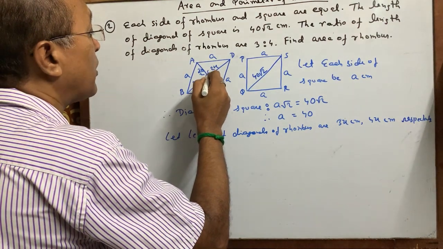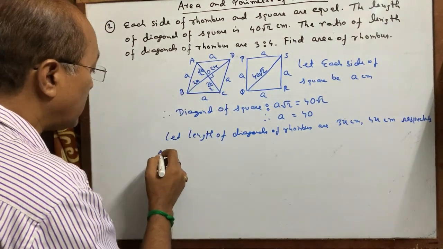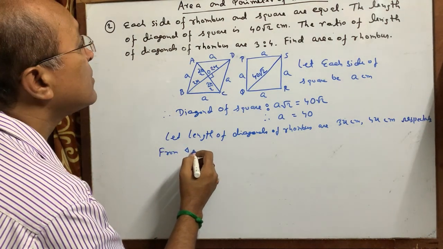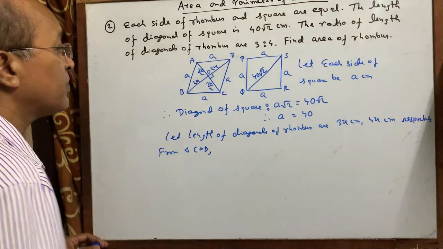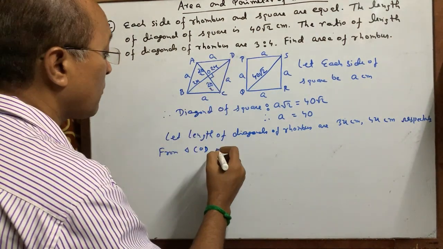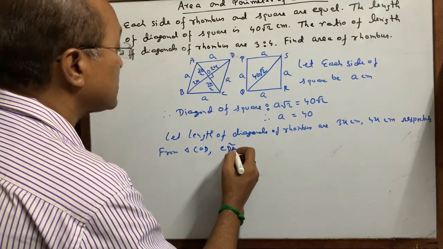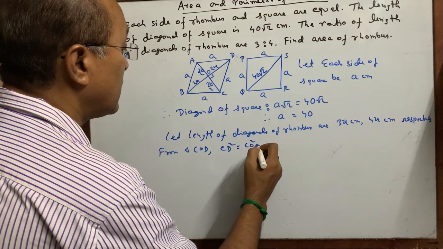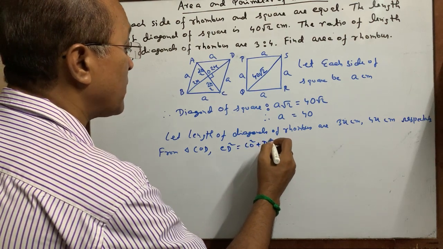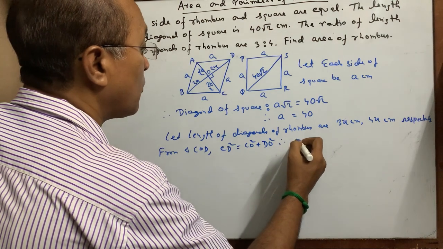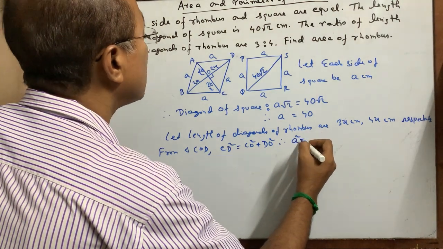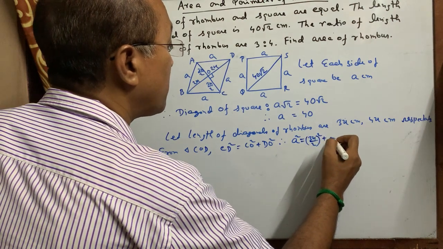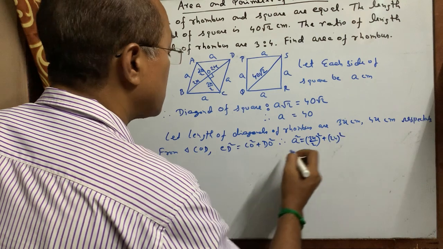The point of intersection is O. Therefore, from triangle COD, we can write using Pythagoras theorem, CD square is equal to CO square plus DO square. Therefore, A square is equal to 3x by 2 whole square plus 2x whole square.